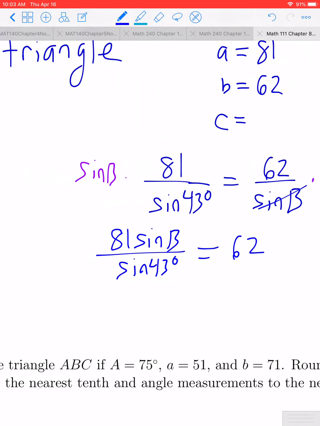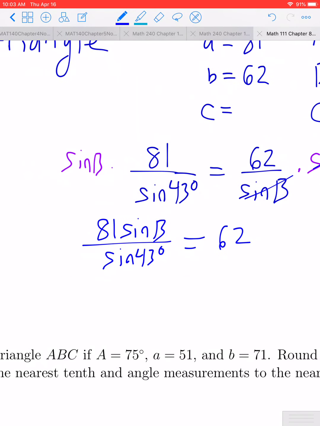And then to get the sine of B by itself, I want to get rid of that multiplication by 81 over sine of 43.